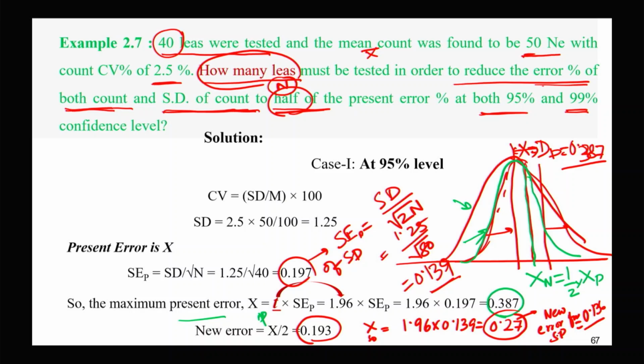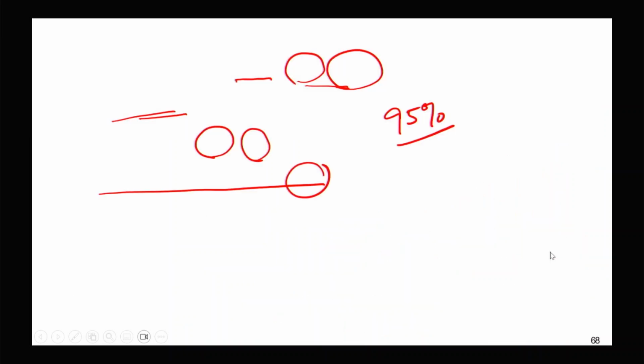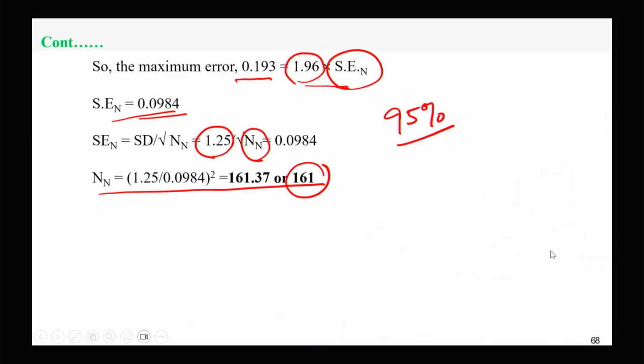The new standard error is 0.136, and the earlier standard error was 0.139. So 0.136 is the new error. And what is this value?